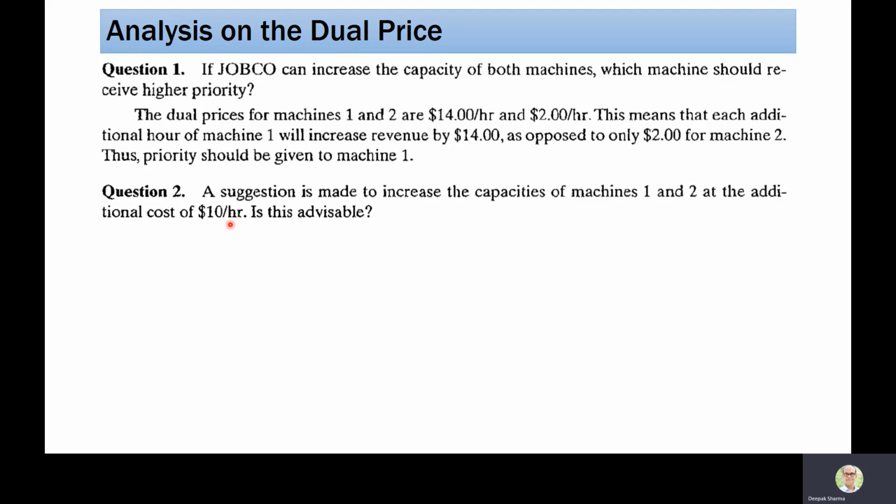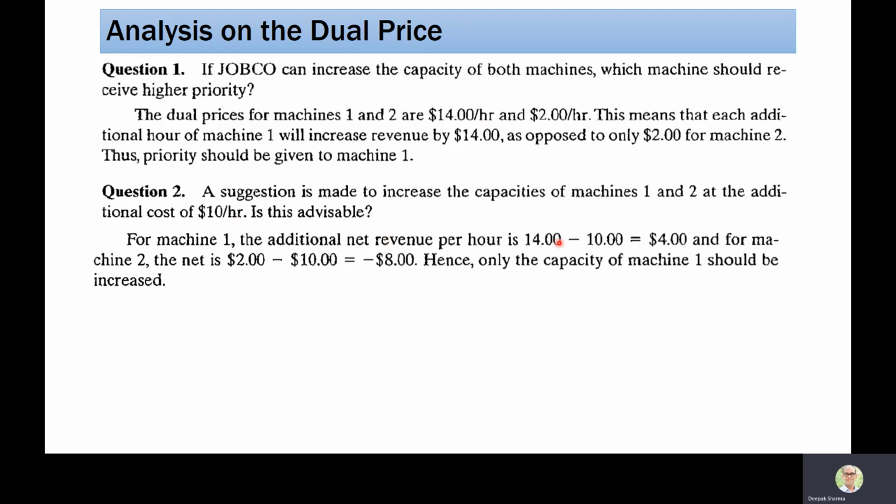Now again, you are getting the idea that we have two machines. Let me identify their dual price. The dual prices for the two machines, 14 and 2, are given to us. Now, since there is an additional cost, how much am I going to get? 14 minus 10 means I'm going to get $4 per hour with machine 1.